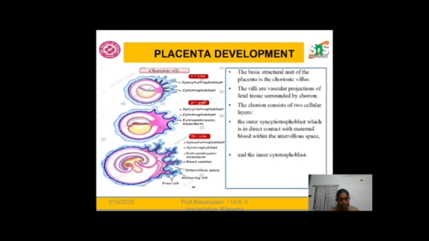Meanwhile, while the placenta develops as primary and secondary chorionic villi, the inner cell mass develops as the amniotic cavity as well as the fetus. The connection between the chorionic plate and the fetus later develops as the umbilical cord.